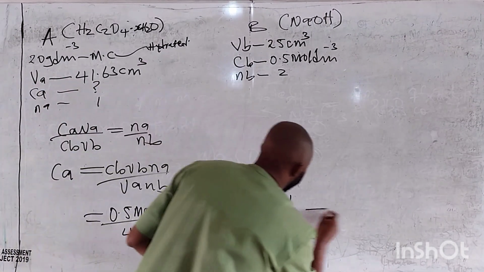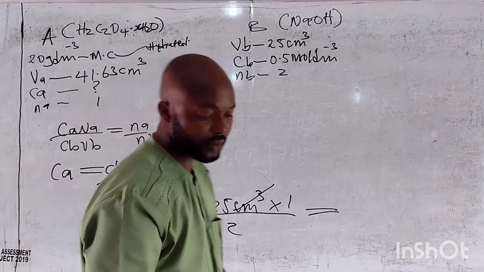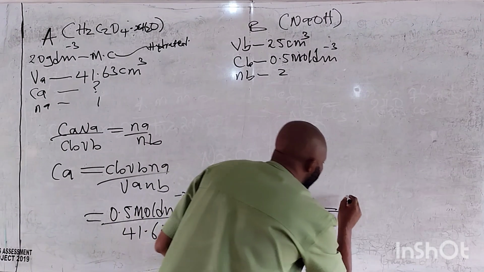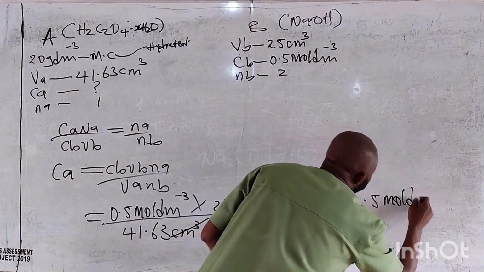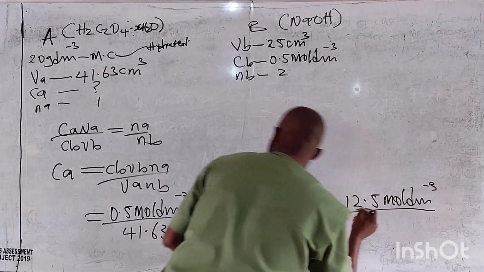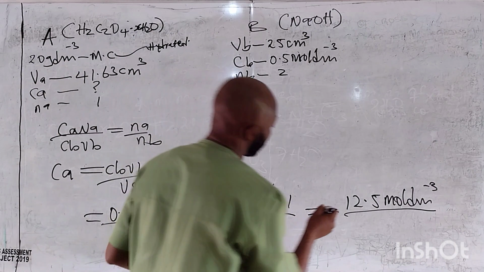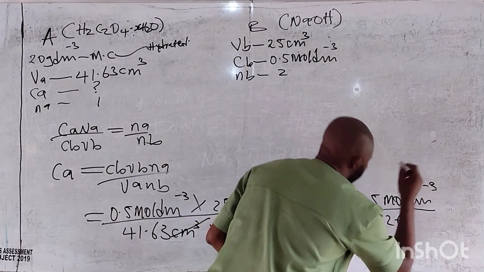So let's proceed further. Now 0.5 times 25, okay, we have 12.5 mole per dm³ over 41.63 times 2, which is 83.26.